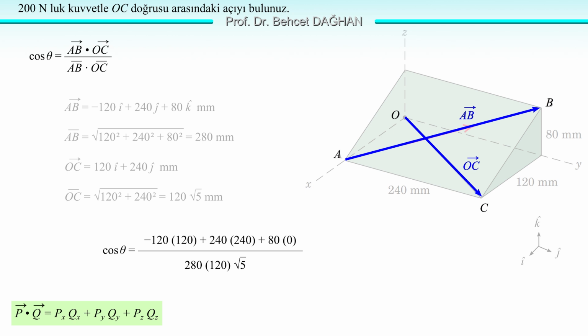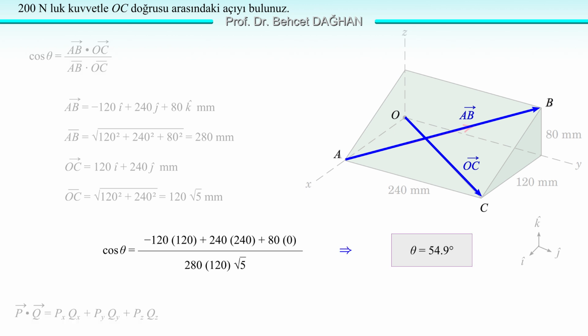Therefore, we multiply the coefficients of the i's, the j's, and the k's, and add them. Let's do the same thing here. Minus 120 times 120 plus 240 times 240 plus 80 times 0, because the z component of OC is 0. We write the magnitudes below.